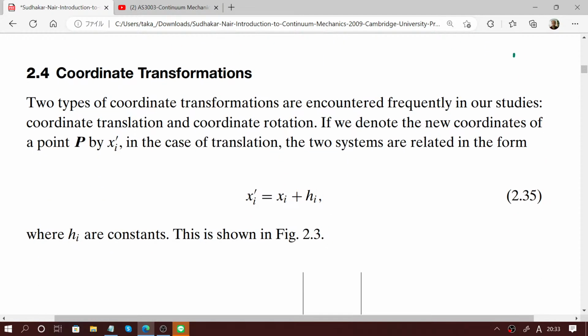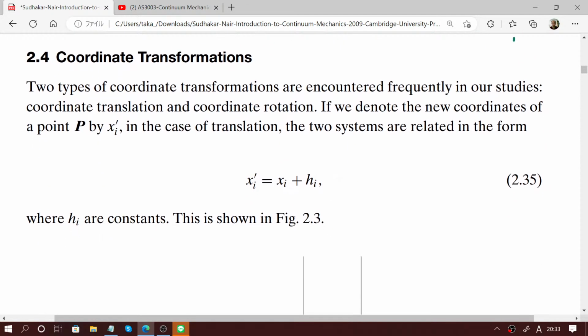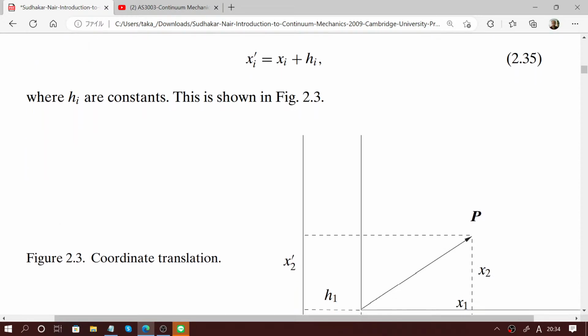Coordinate transformations. Two types of coordinate transformations are encountered frequently in our studies: coordinate translation and coordinate rotation. If we denote the new coordinates of a point P by xi prime, in the case of translation, the two systems are related in the form x prime i equals xi plus hi, where hi are constants.